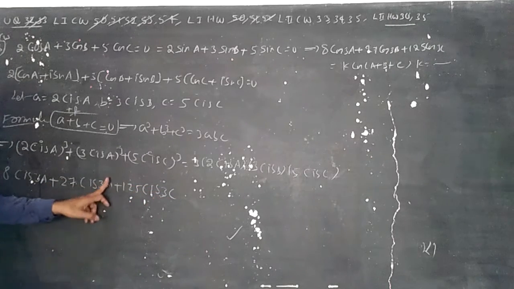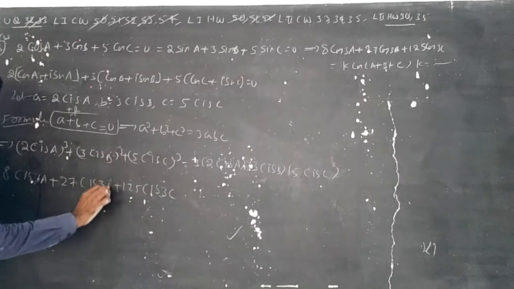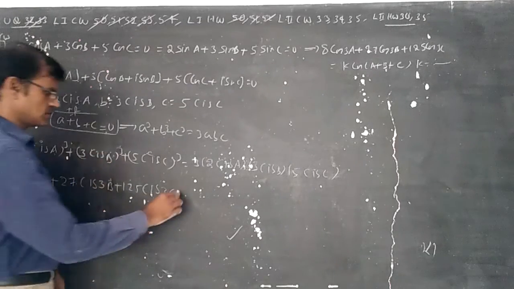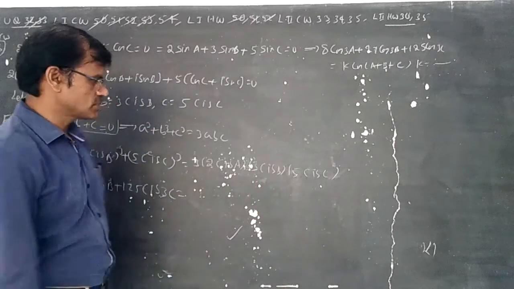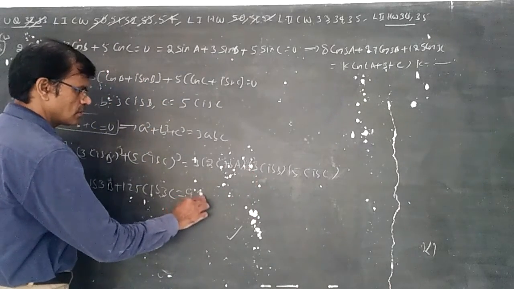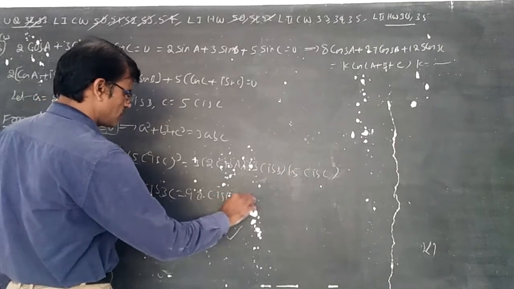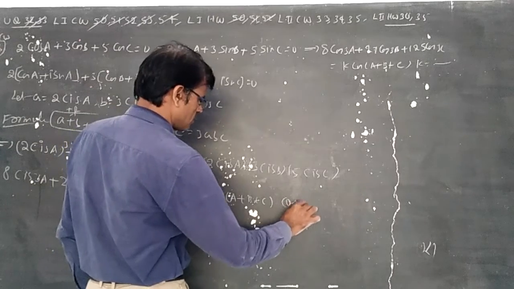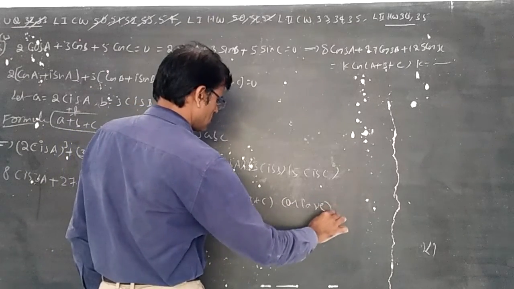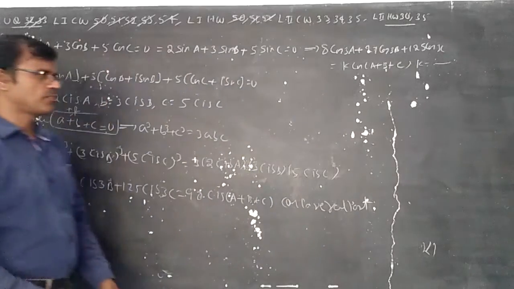This is 3B, not A. This is B. 125 cis 3C is equal to 3 2s are 6, 6 3s are 18, 18 5s are 90, cis of A plus B plus C. So compare real part.